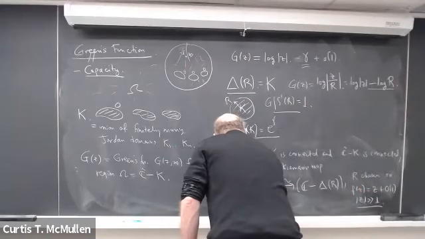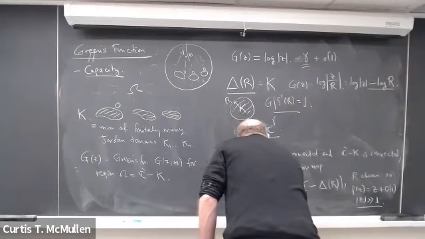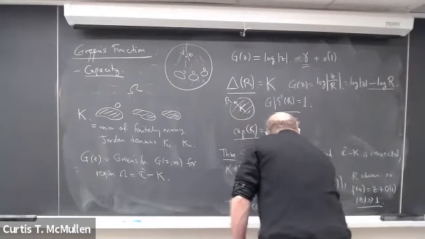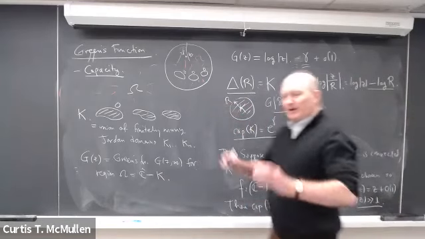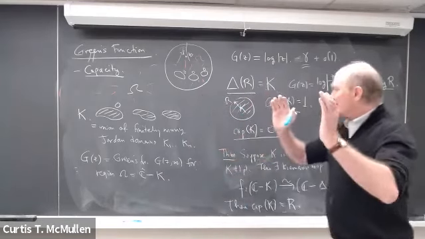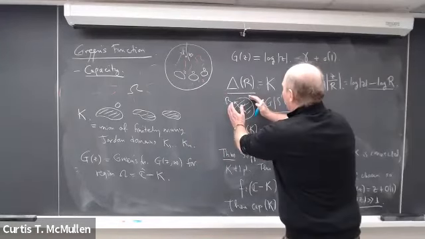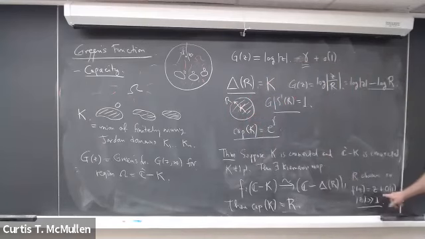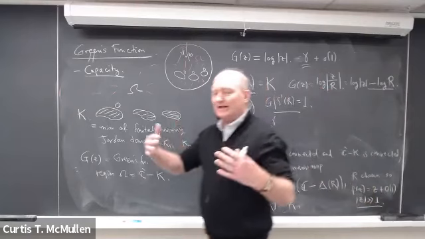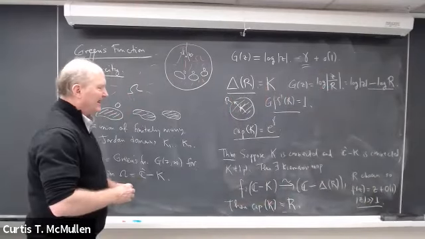Then the capacity of K is equal to R. So to put it differently, if you take the disk of radius R and you apply any conformal map to the outside with the property that it's approximately the identity at infinity, you don't change the capacity of the set.